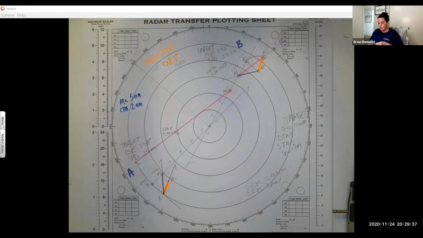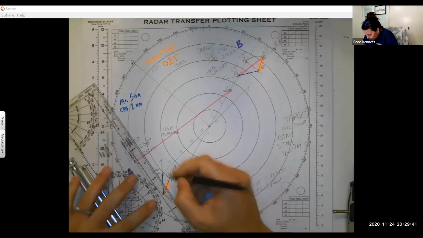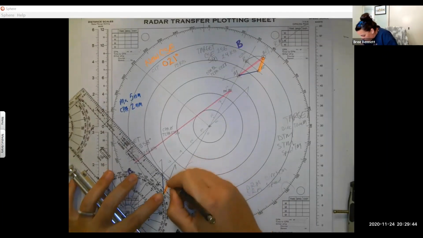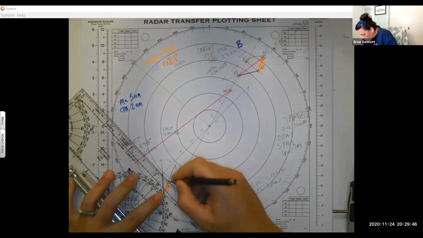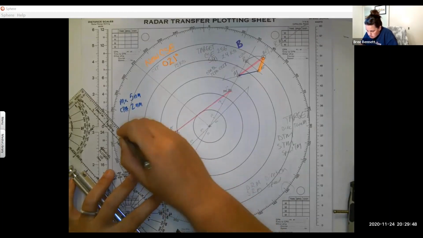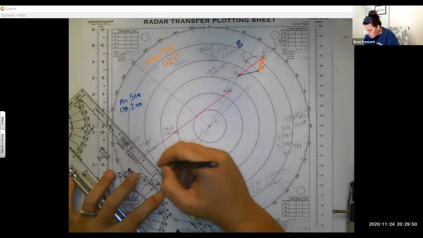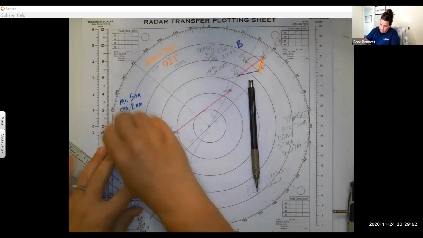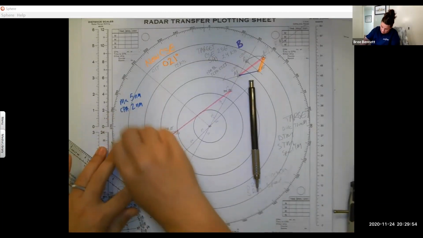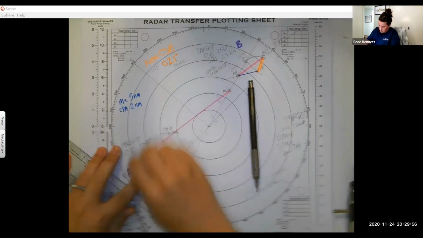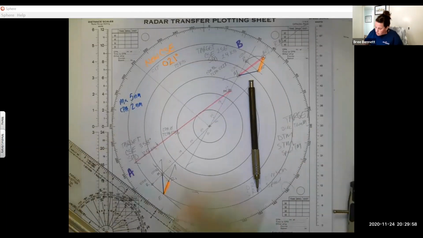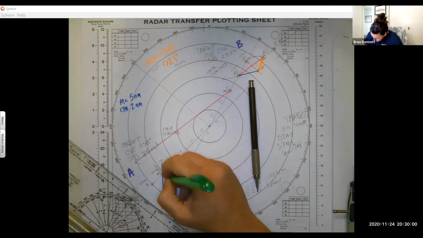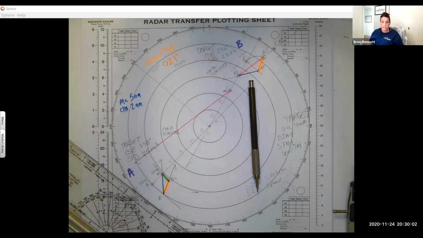I'm going to make this one in green. My new relative motion line, if I change course, I'm just going to make it small. Didn't mean to confuse you there. So that is my new relative motion line.